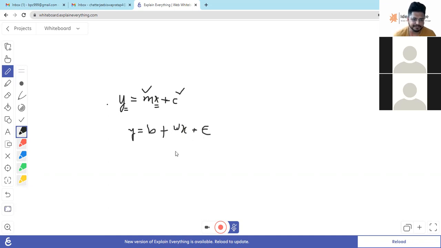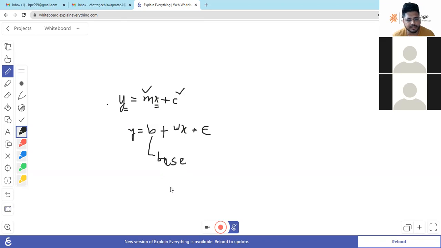I will tell you. The physical significance of this equation is that if x is 0 and epsilon is 0, then y is equal to b. So b is the base value. That means y can never be less than b, so b is the minimum value that y will always have.